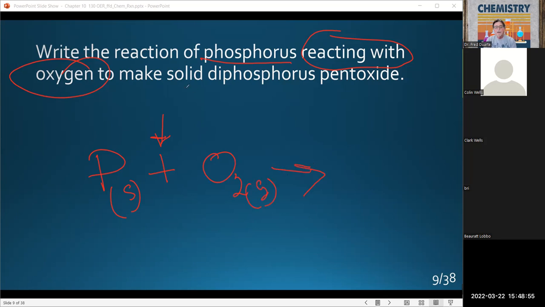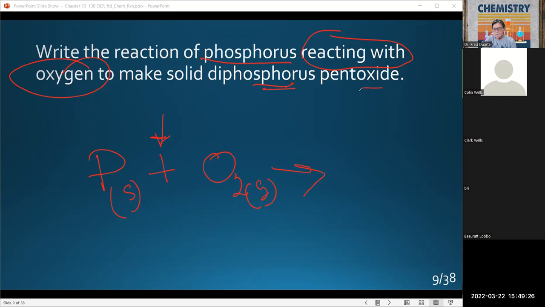Then we're making a covalent compound here, right? Why? Because we've got phosphorus and oxide, 2 nonmetals. So we have a covalent compound. So write the formula. My suggestion, as in the case of ionic compounds, where I said to write the ions first: obviously we don't have ions here for covalent compounds, but write the base formula first.